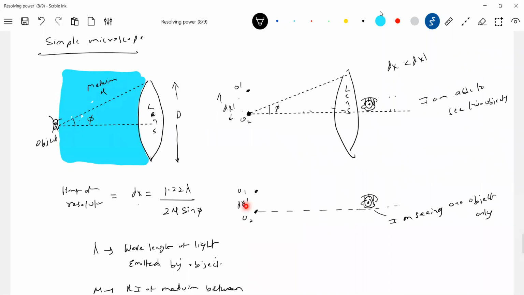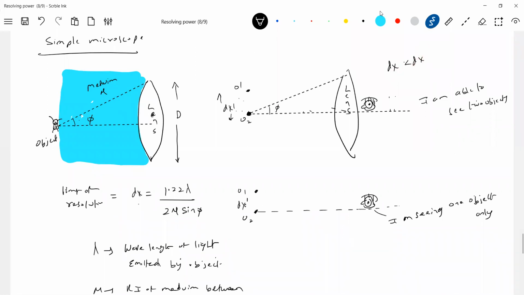Two objects will be given to us, and you are able to calculate the limit of resolution. When the limit of resolution of the lens is less than the separation between the objects, it will resolve. If the limit of resolution of the instrument is greater than the separation, the instrument is unable to resolve. For the microscope, you have to think like this.